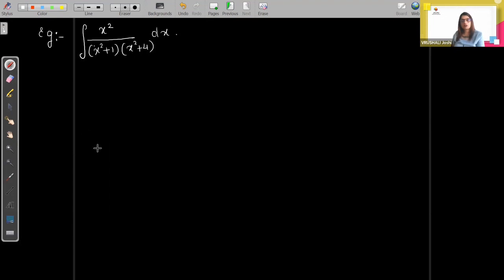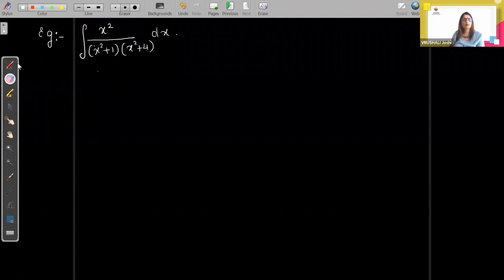So let's see how the substitution method works. So let us take, if we take x square is equal to y, correct? If x square is equal to y, then we would have to take the derivative, then 2x is equal to dy by dx. No, here we can do without it, okay let's see.